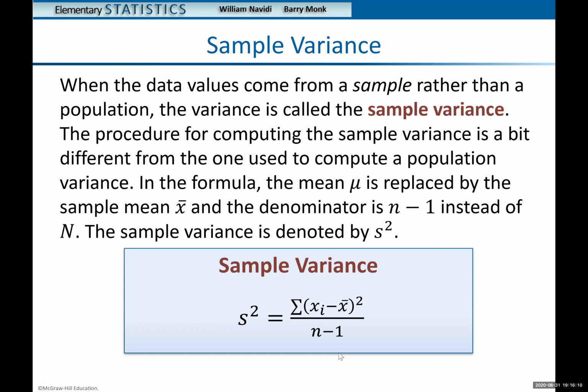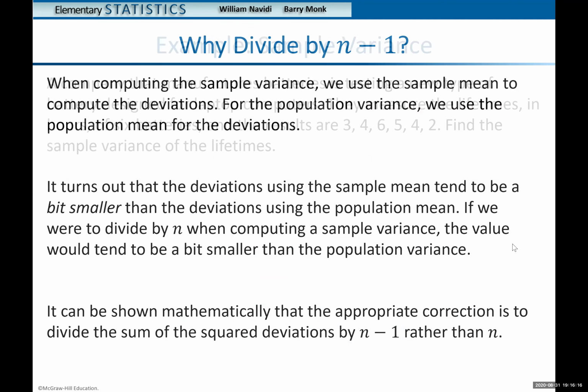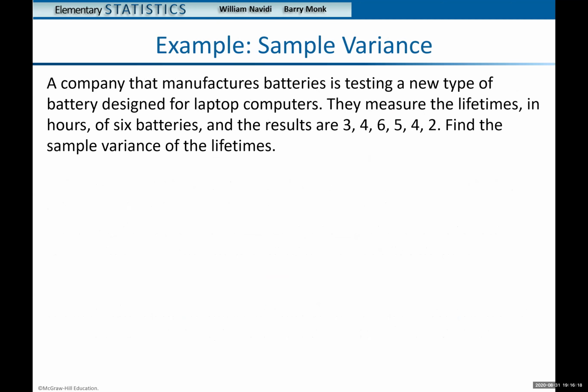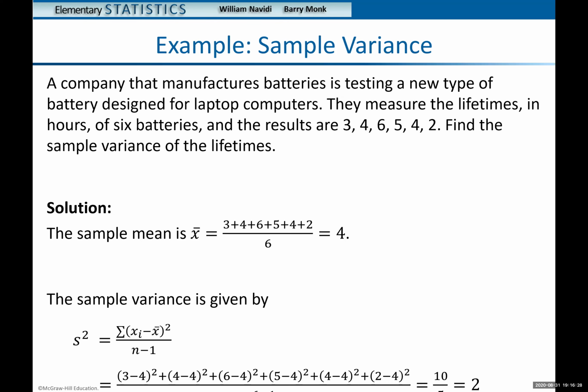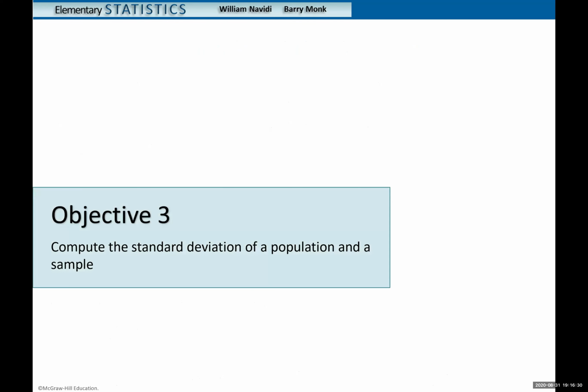So next one, this is an example. Sample variance of 3, 4, 6, 5, 4, 2, using the shortcuts, the one that I showed you.